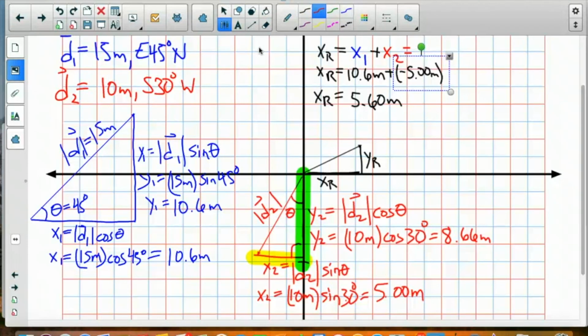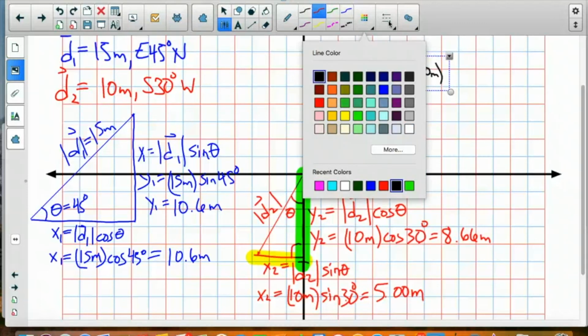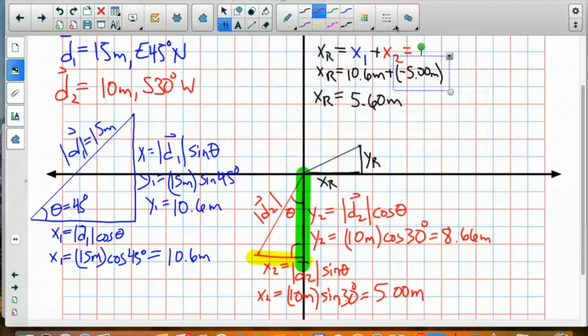So y of the resultant is going to be y1 plus y2, which gives us 10.6 meters plus a negative 8.66 meters.